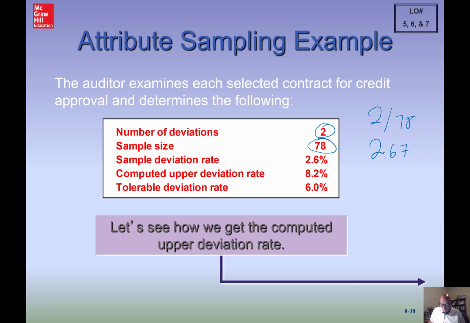I'm not sure why they would put 2.7, but that's fine. So it's 2.6, 2.67, whatever. Now, the upper deviation rate, they say computed, we would have gotten from the table that we're going to look at on the next page, and we have a tolerable deviation rate of 6%.